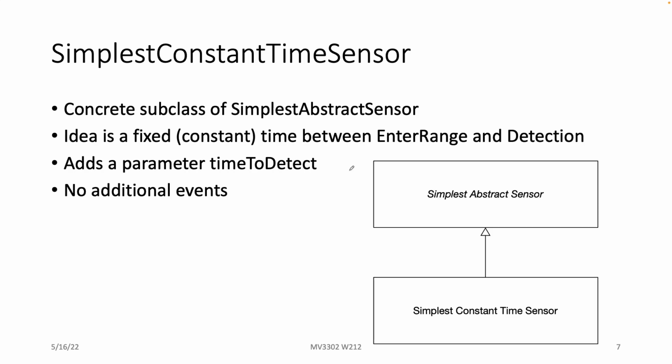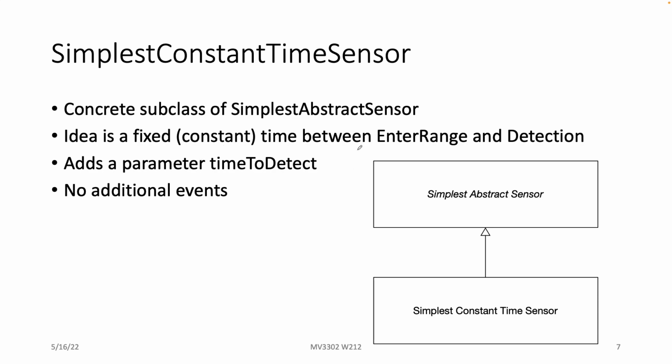All of these subclasses are very, very small. They will typically only add parameters, so that the same mediator class for a given type of sensor can handle whatever it is. We'll see that with the mediators.